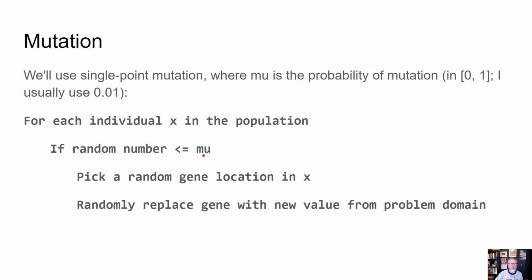If it's less than or equal to our mu parameter, that means I'm going to be mutated. So I pick then another random gene location in that individual and randomly replace that gene with a new value from the same problem domain. So in our situation, the numbers in those genes are values between -10 and +10. And so our new value would be a randomly chosen value from that range.